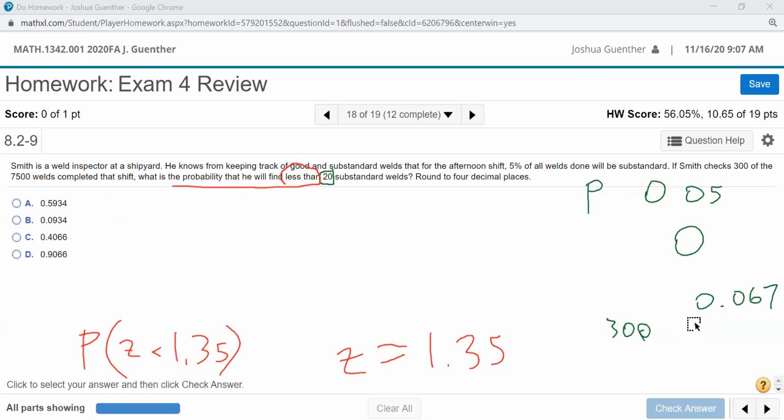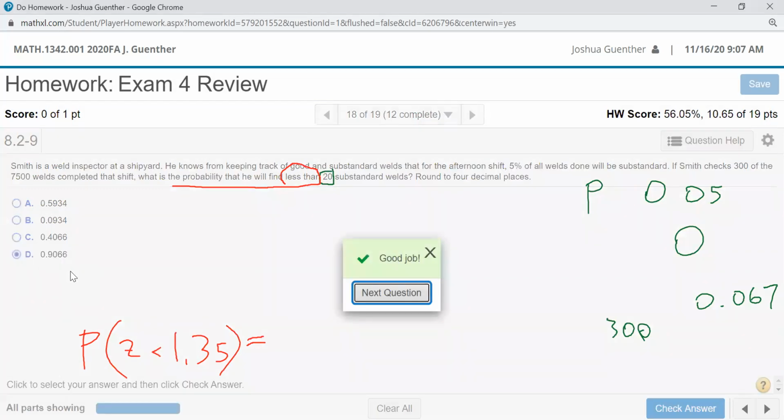So we can clear away all this stuff. And then we just need to go find a z-chart. And I'm going to take a shot in the dark, there we go.